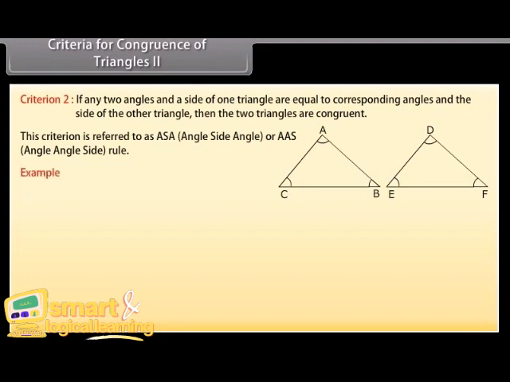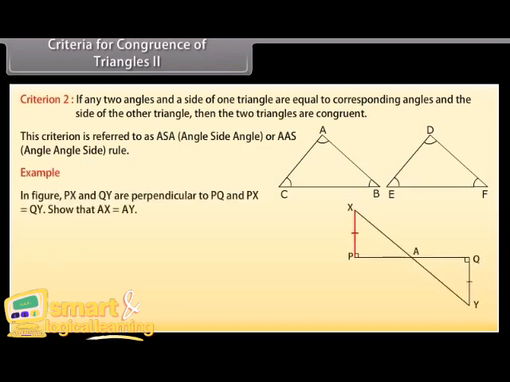Let's solve an example now. In figure, PX and QY are perpendicular to PQ and PX is equal to QY. Show that AX is equal to AY. Solution. In triangle PAX and triangle QAY, angle XPA is equal to angle YQA because each is 90 degrees.